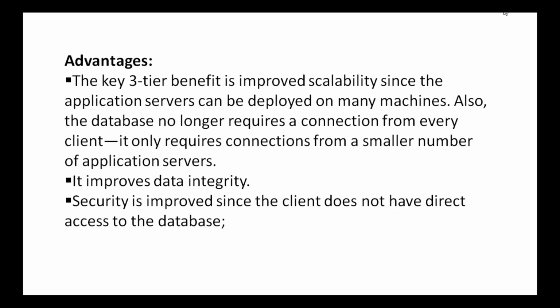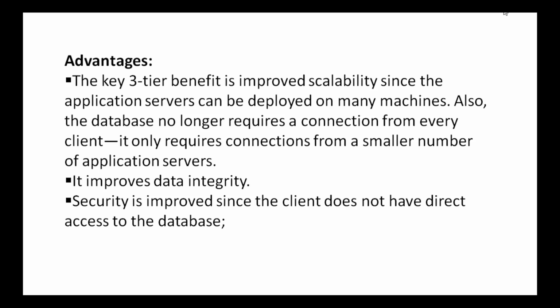Coming to the advantages, this three-tier architecture enhances scalability. Why? Because application servers can be deployed on many machines. So many clients can interact with the application server at a time through LAN or WAN. And it doesn't require a persistent connection between the client and server.